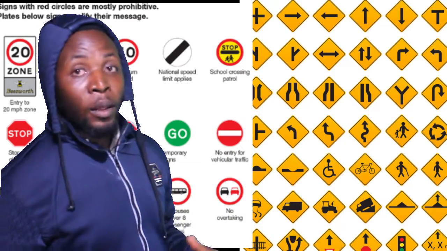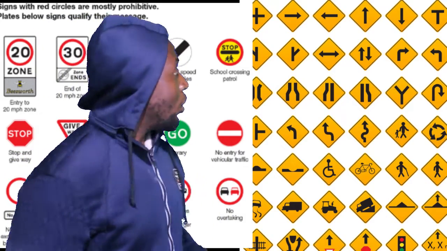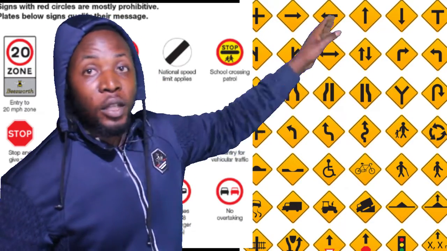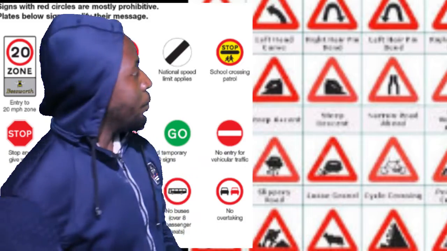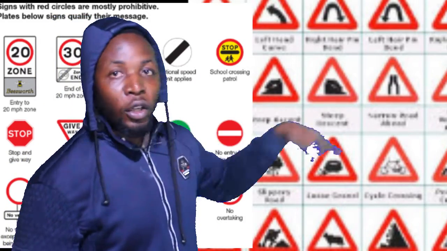In the US we have this shape, then in Africa, in the CEMAC zone, we have this other shape. The triangle is in the CEMAC zone, and in the USA we have this other shape.